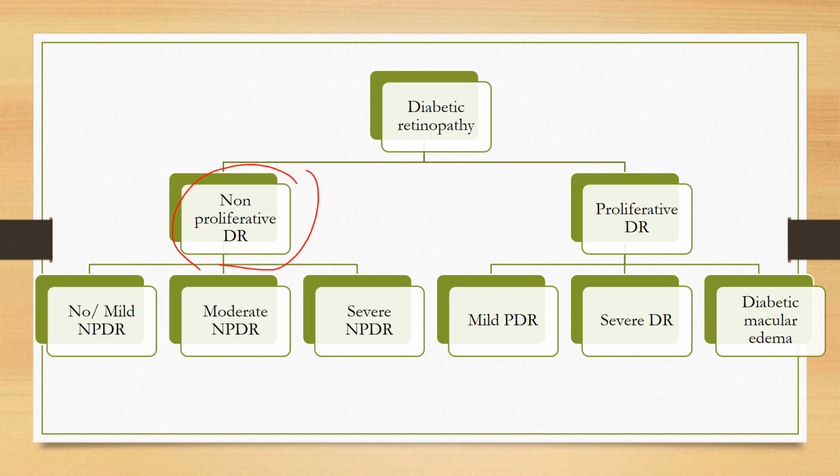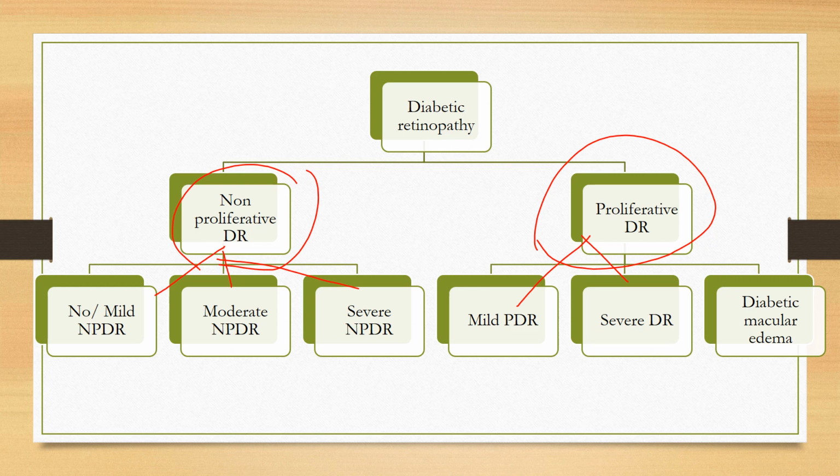And when your neovascularization aggravates, it turns into proliferative diabetic retinopathy. Again, non-proliferative diabetic retinopathy can be divided into mild, moderate and severe, whereas proliferative is divided into mild, severe and diabetic macular edema.